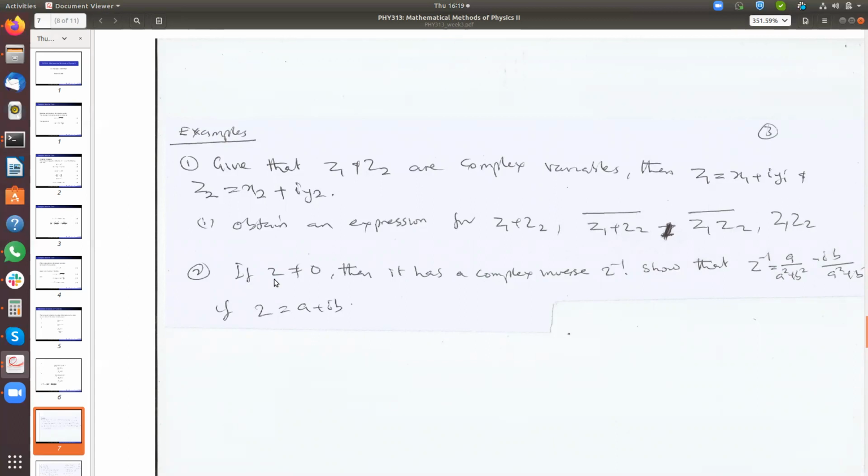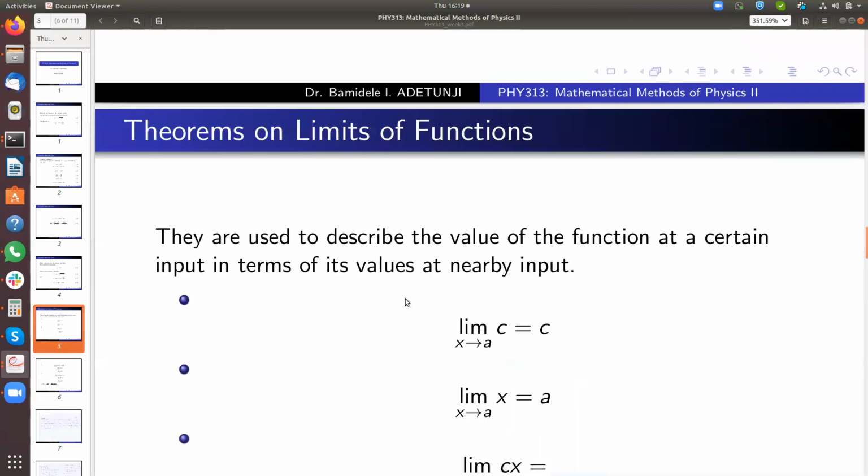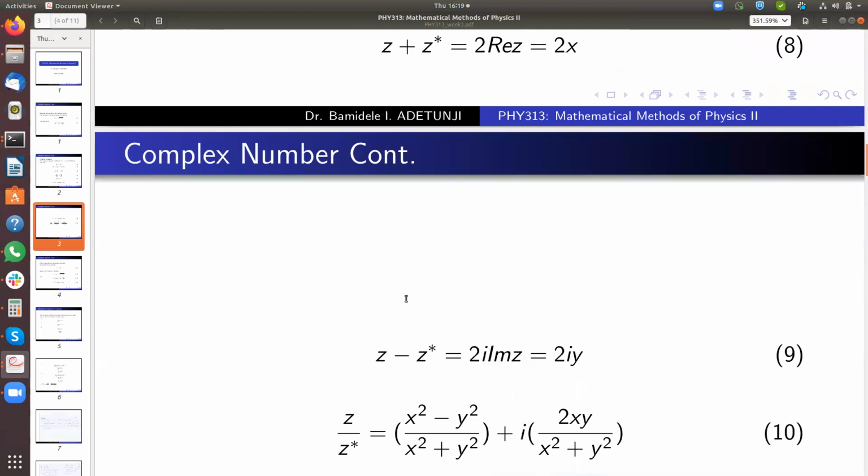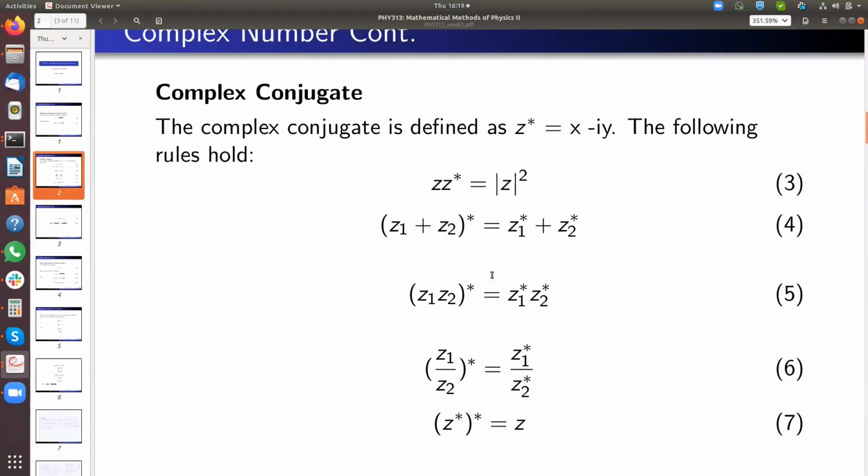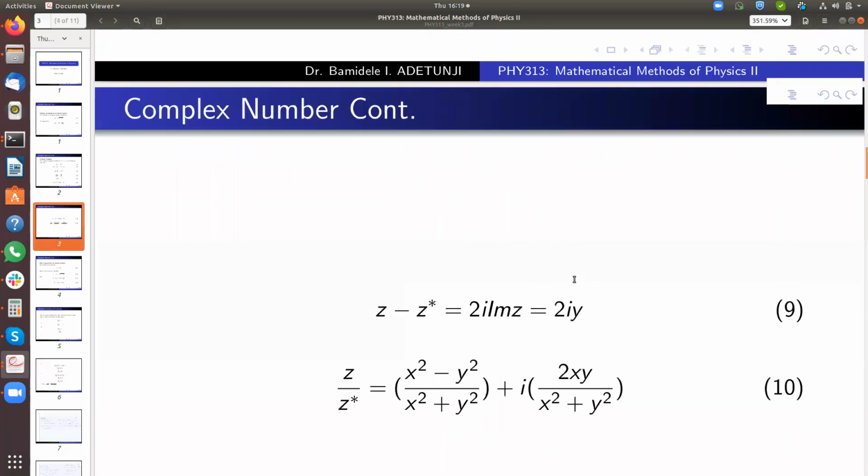The second question is, if z is not equal to 0, then it has a complex inverse, so that 1 over z is equal to this, if z is equal to a plus ib. In solving this problem, we are expected to apply some of the rules stated here. So now let's look at the solution.